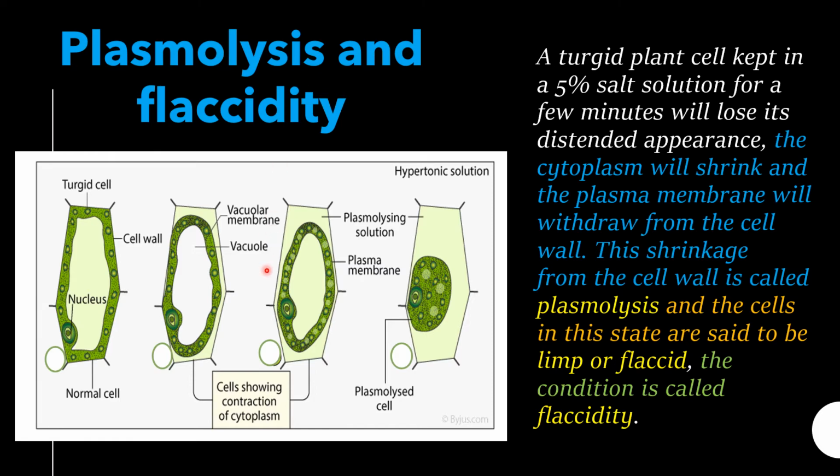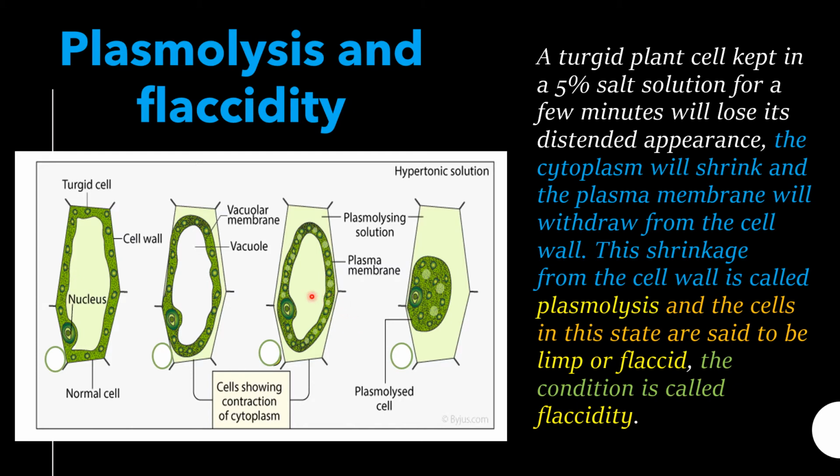Then what type of osmosis is happening here? Actually, how will it shrink, this cytoplasm will shrink or plasma membrane will withdraw, because the water molecules present inside the cell will move out of the cell, because outside the cell, what is there? Hypertonic solution is there. Then there the water concentration is very less. Outside water concentration is very less.